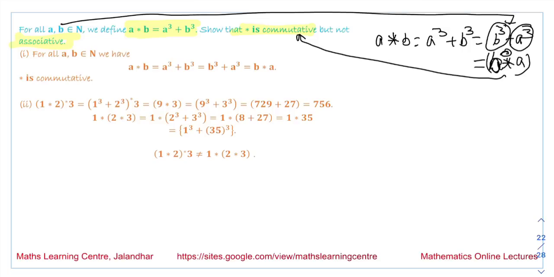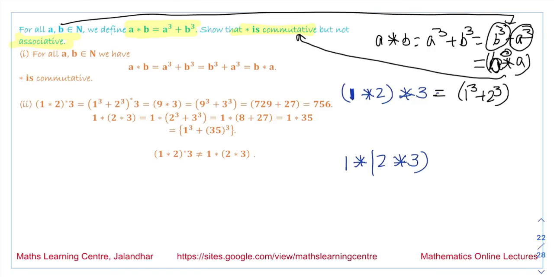Next we have to prove that it is not associative. So we are considering the element (1 star 2) star 3. The answer in this case will be (1 cube plus 2 cube) star 3.